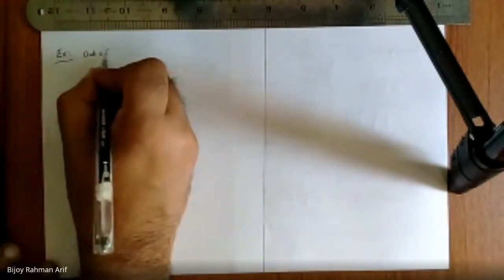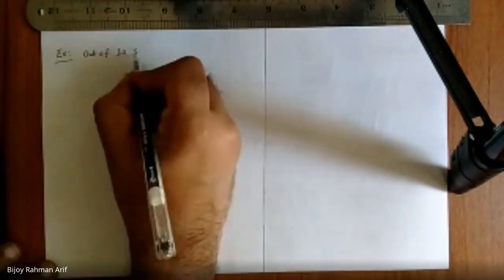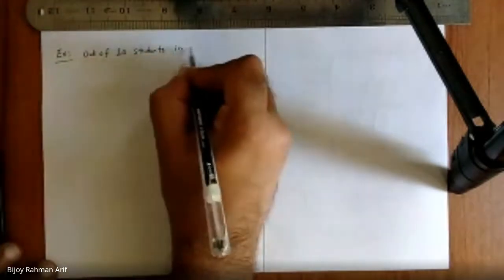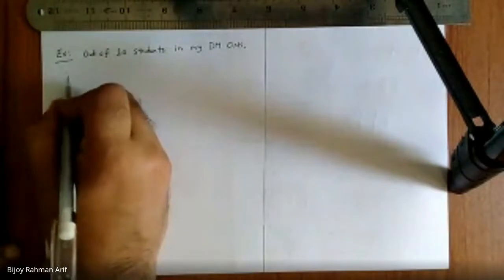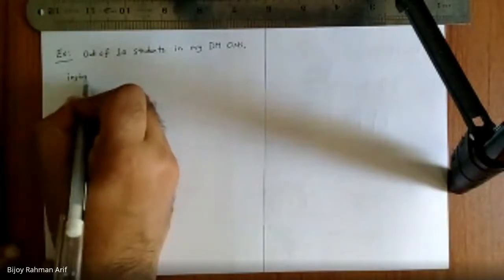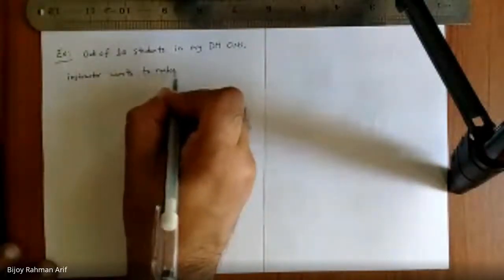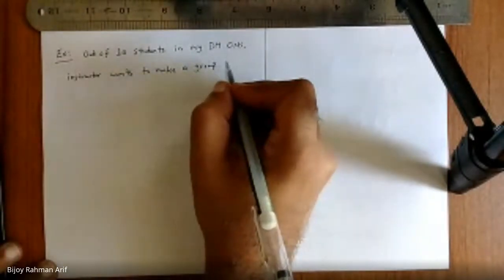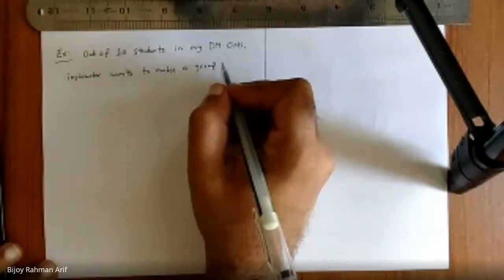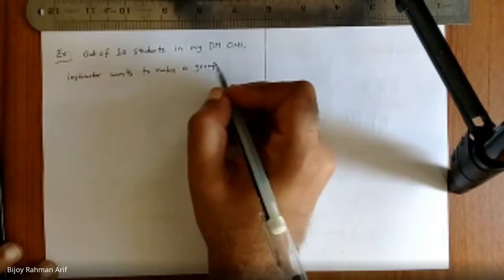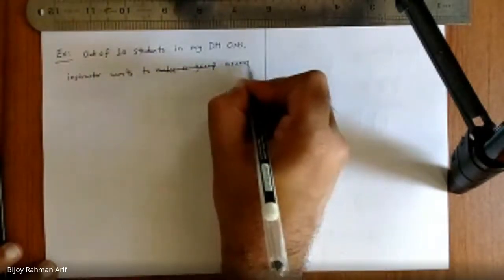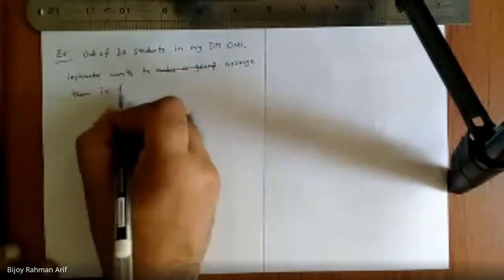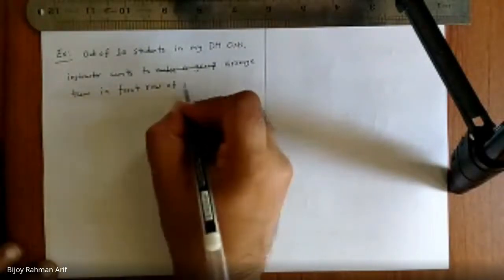Out of 10 students in my discrete mathematics class, the instructor wants to arrange them in a front row of 5 chairs.